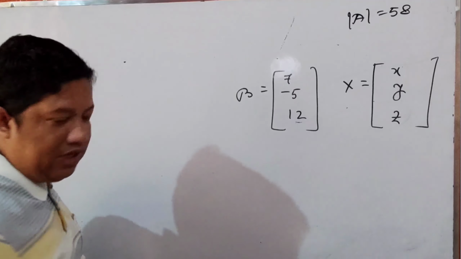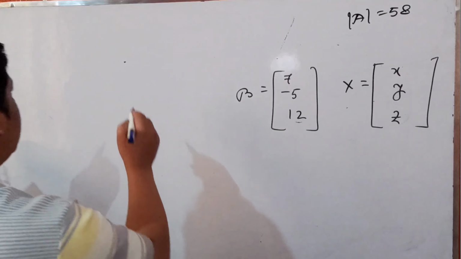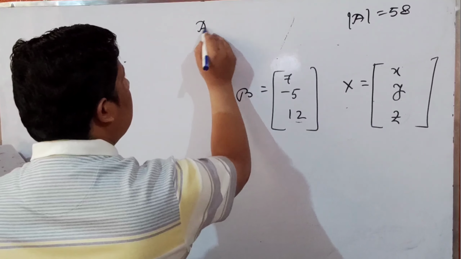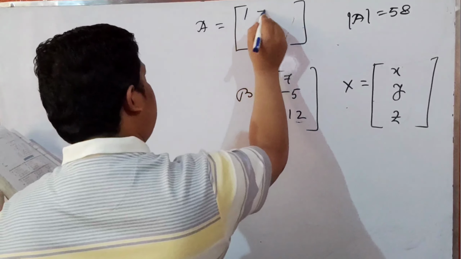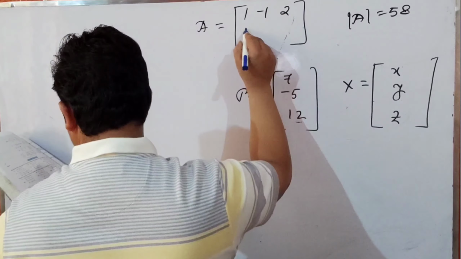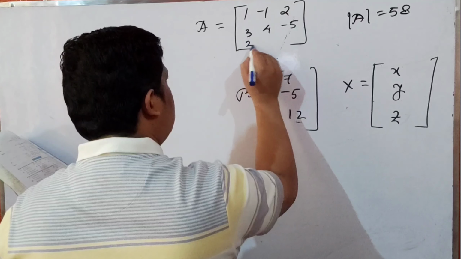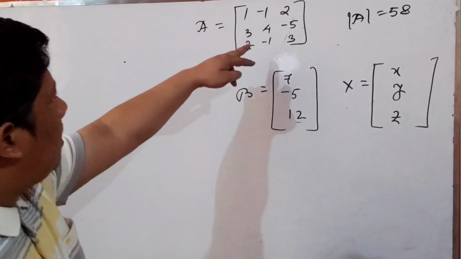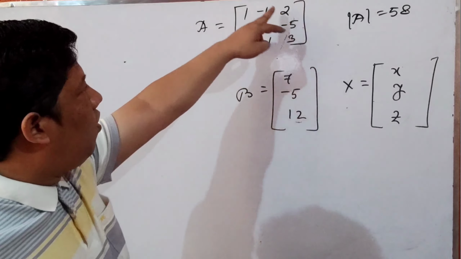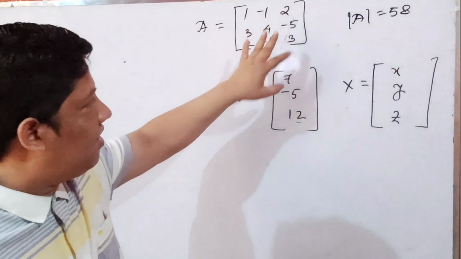Now I have to find what? The adjoint or minor. So the A matrix is 1, minus 1, 2 and 3, 4, minus 5, 2, minus 1 and 3. So you have to find the minor and cofactor for all the elements. Now this portion you have to do yourself.